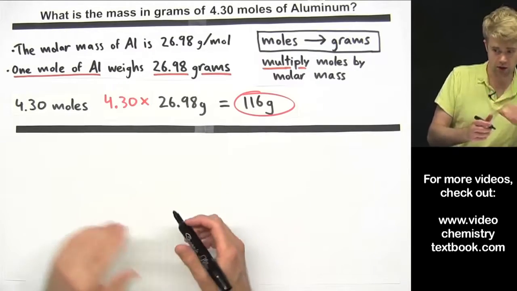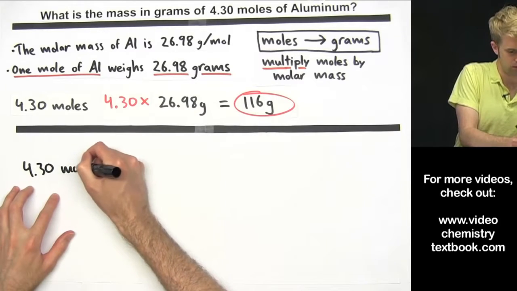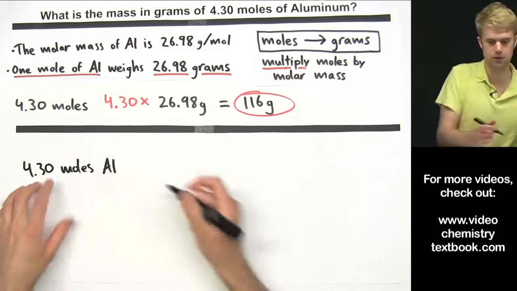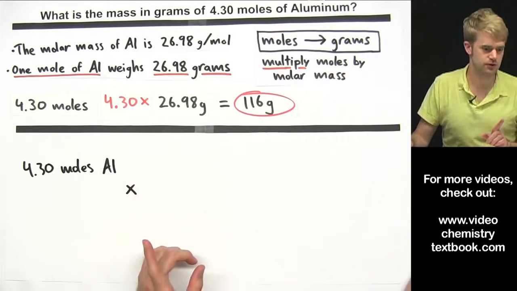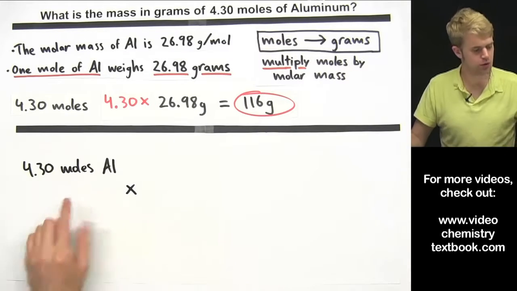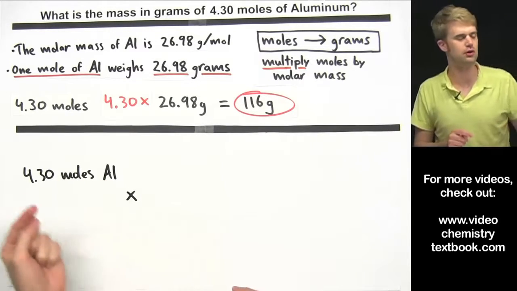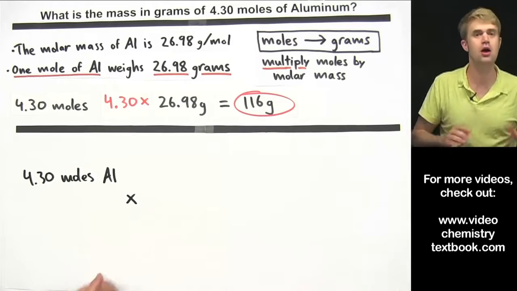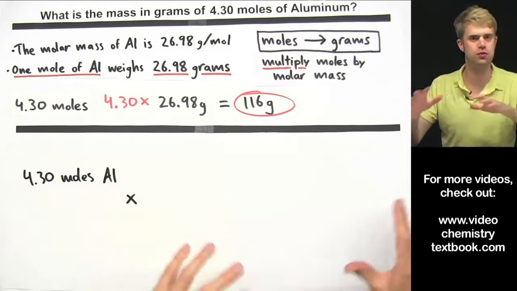So here we're starting with 4.30 moles of aluminum. We get that from the problem here. Now, let's write some conversion factors. I want to take this and multiply it by a conversion factor that's going to get rid of moles and convert moles into grams. To write conversion factors, we often want to look at some sort of an equation or equivalence or relationship.